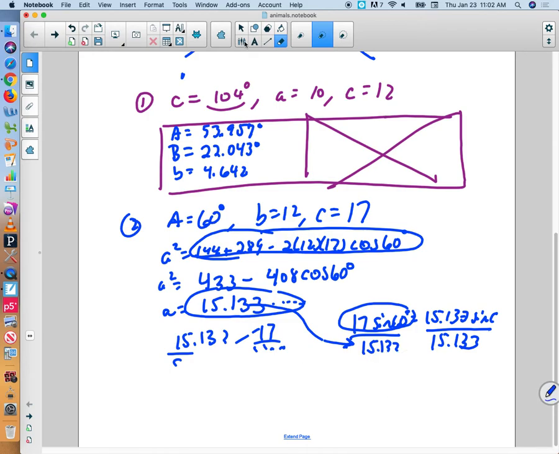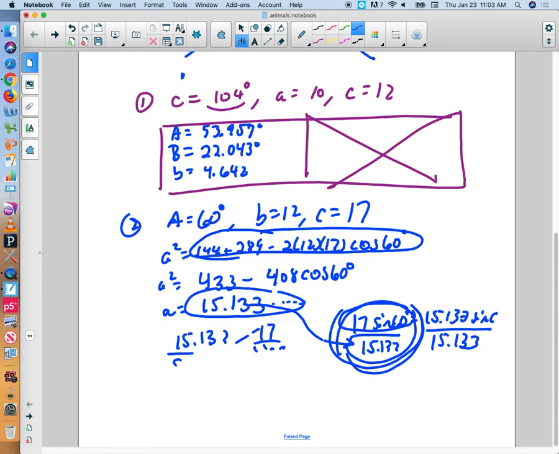Okay, Katie, I think, did you punch this in to find angle C? I swapped cosines. Okay. All right, Chloe, did you type this in for me? I don't know who typed that in. All right, and what I need right now is somebody to put in 17 sine 60 divided by, let's just say 15.133 right now because we don't have a longer number.